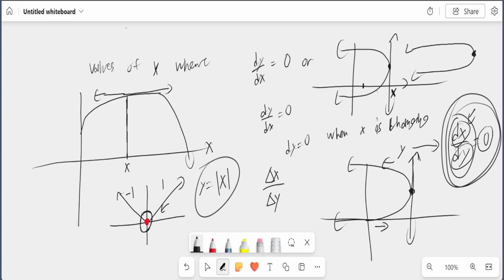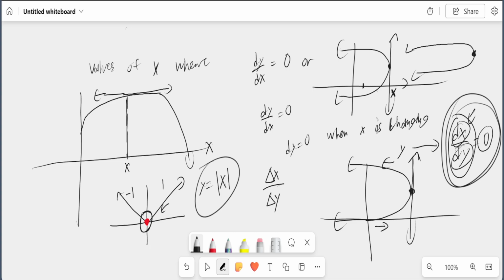It doesn't matter what dy is. Here it's infinite, but that doesn't matter because 0 over whatever is 0. Yeah, I was just looking at the whole graph, but I forgot that's just looking at 1 point, right? Yeah, we're looking at 1 point.